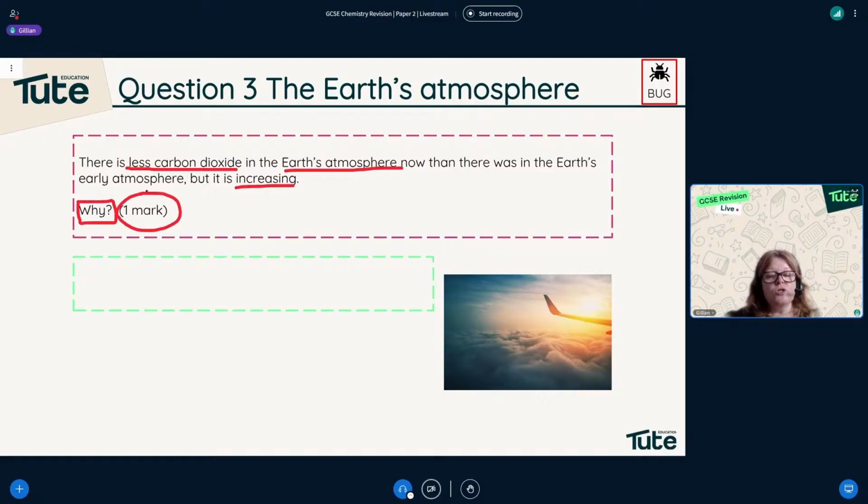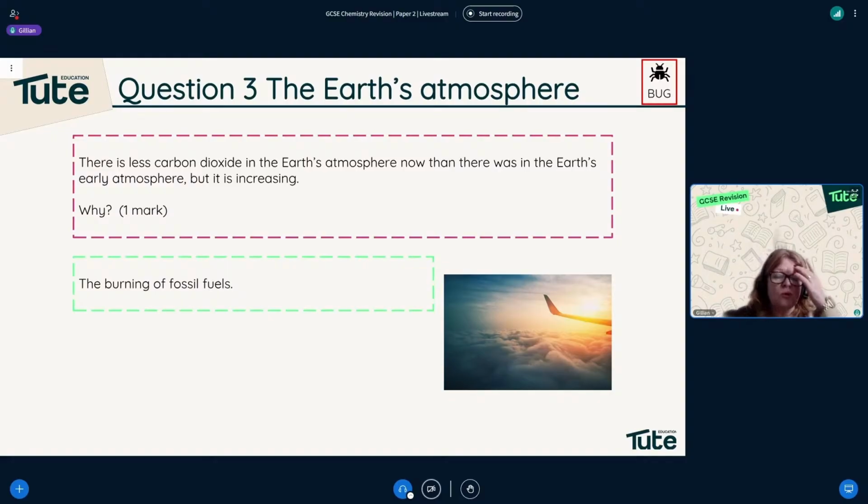Well, it is due to our human activity on this planet. What we are doing is burning fossil fuels. Why are we burning fossil fuels? Well, we are burning them to generate electricity, to heat our homes, for transport, and when we are burning fossil fuel, this releases carbon dioxide gas into the atmosphere.